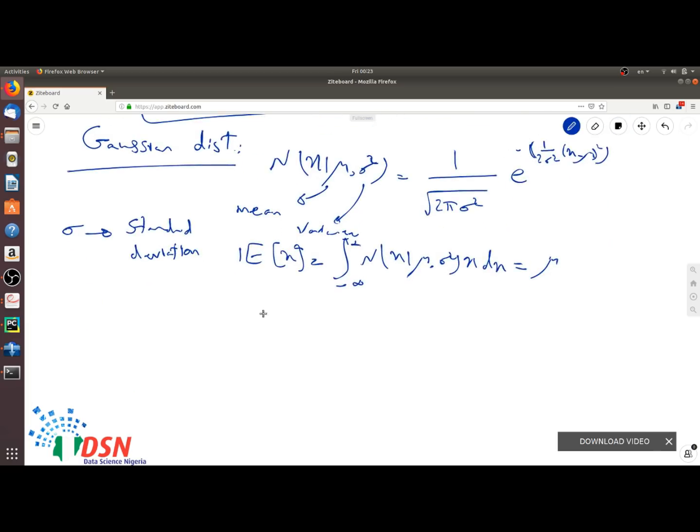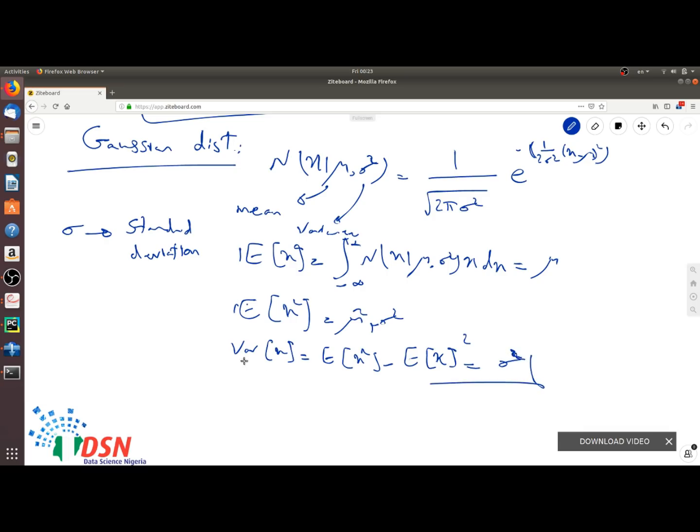And if you calculate the expected value of x squared, it is equal to mu squared plus sigma squared, so the variance of x, which is the expected value of x squared minus the expected value of x, squared, will be sigma squared. So this is the reason that we call this parameter the variance, because it is the actual variance of the distribution.